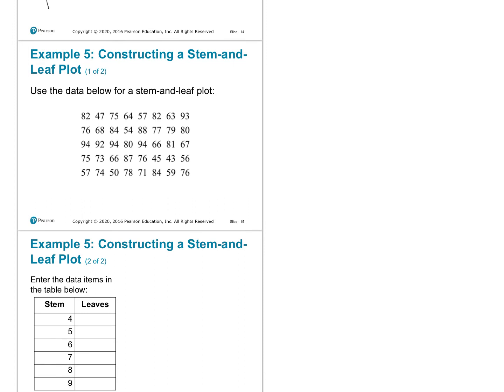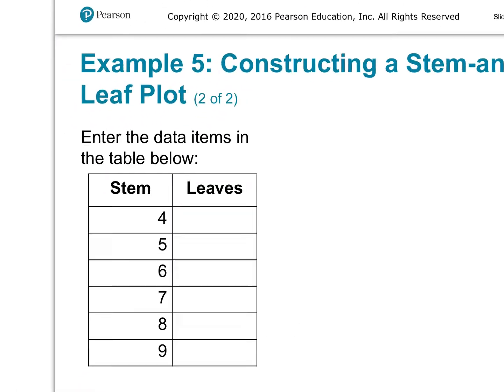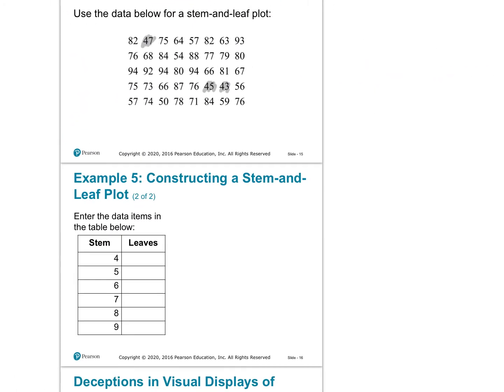So our 4s, so that 47, 45, 43. You can go in order or from least to greatest. It doesn't matter. So you could do your 7, 5, 4, just to keep it in order.